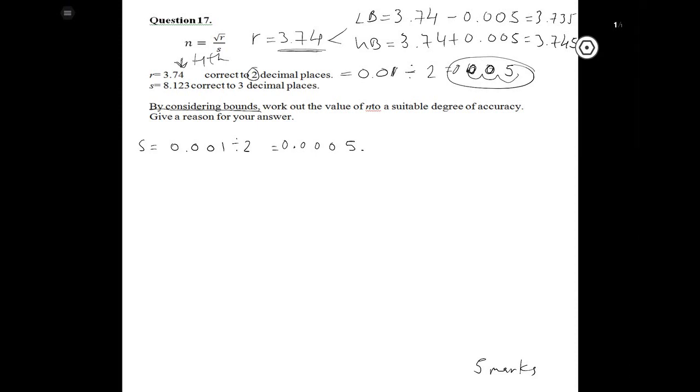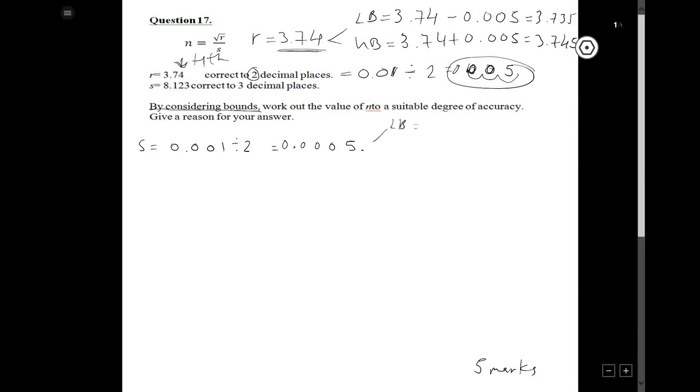Again, to work out the lower bound, I take my value for s, which I'm given, 8.123, and I take away 0.0005.